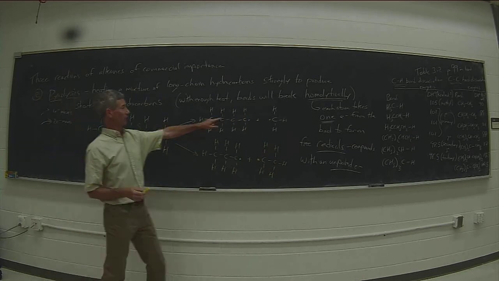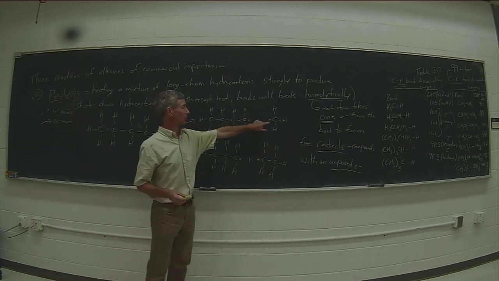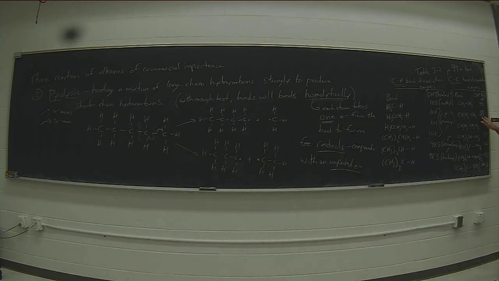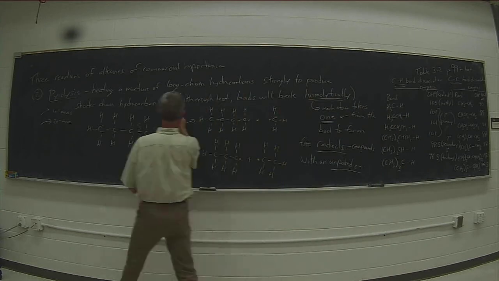It will cost us, since this is a primary radical on one side and a methyl radical on the other, approximately 89 kilocalories per mole to do that first step, and it will cost us, since it's primary on both sides, approximately 88 kilocalories per mole to do that.